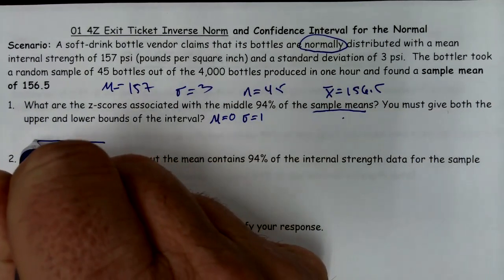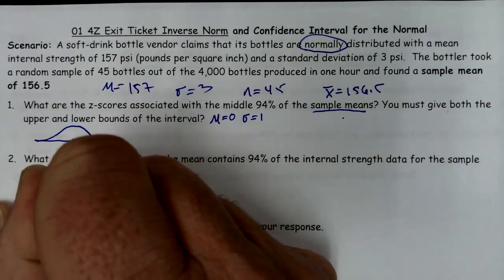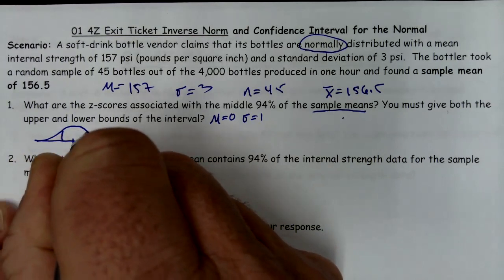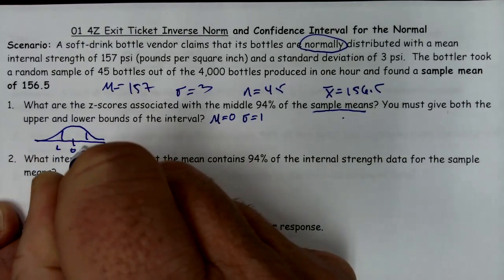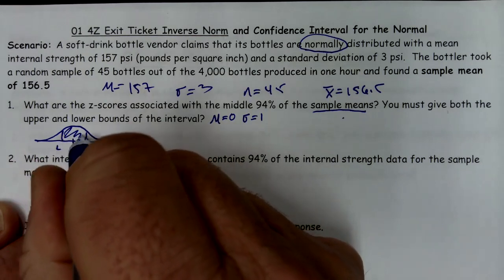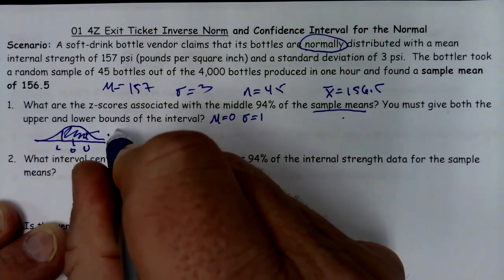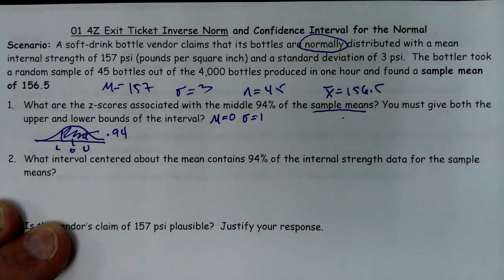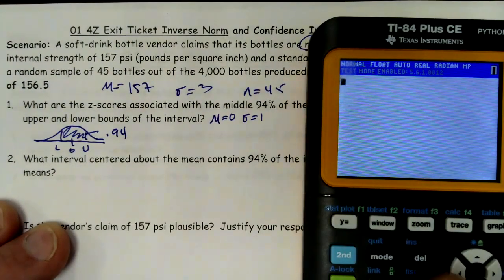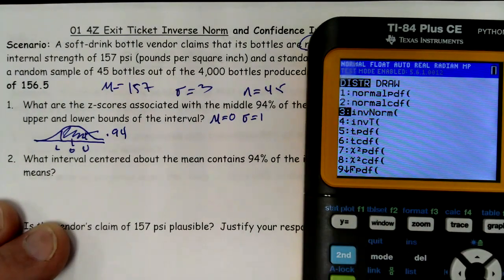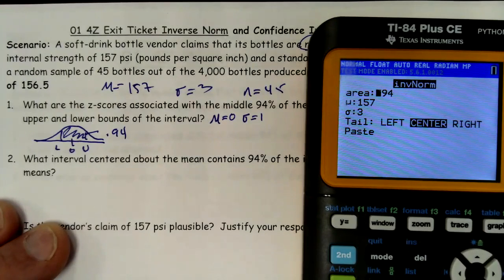So since it's a z-score, this is 0. We need a lower and upper, and we want 0.94. Well, this is exactly the same problem we worked in the warm-up, but it's phrased differently because we're talking about the sample means. However, because it's the z-score, we still do the exact same thing.